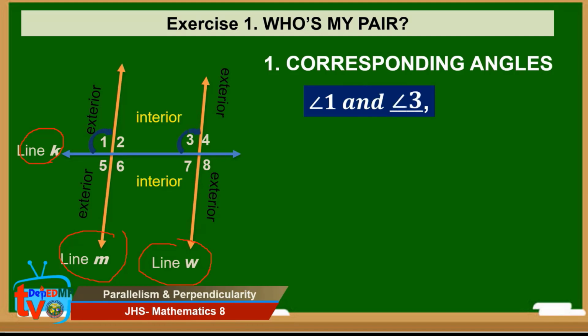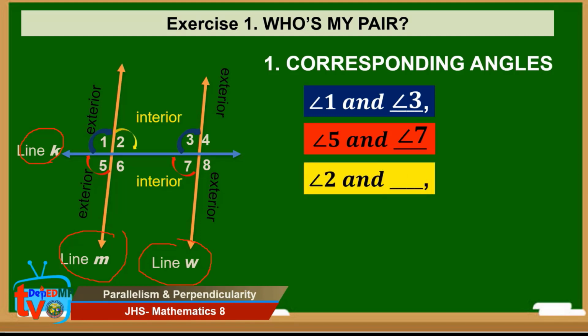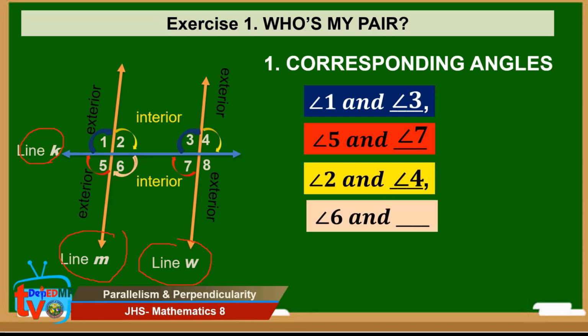It's angle 3. What about angle 5? Yes, it's angle 7. And angle 2? Correct, it's angle 4. And last, what's the correct pair of angle 6? Very good, it's angle 8.